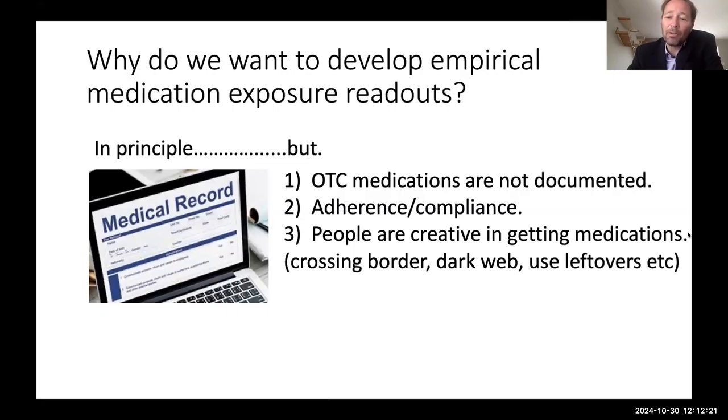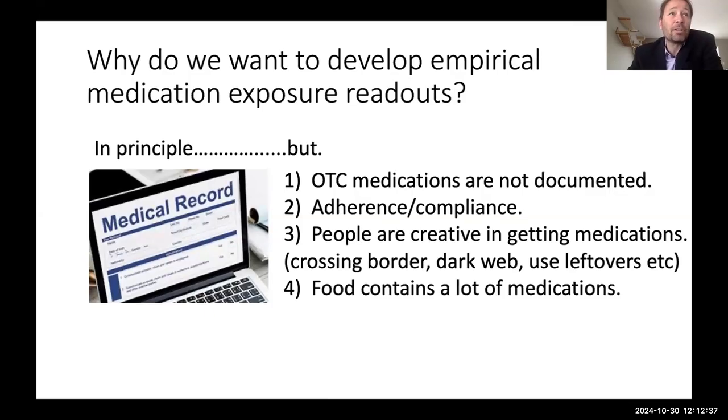But people are also creative in using leftovers, either from people that live in their house, or maybe a friend that has some extra medications that they didn't use and you're not feeling well. People do tend to grab some of this. However, there's also a lot of inadvertent exposure where you do not know that you're exposed to different medications. And that's because our food supply actually contains quite a lot of medications.